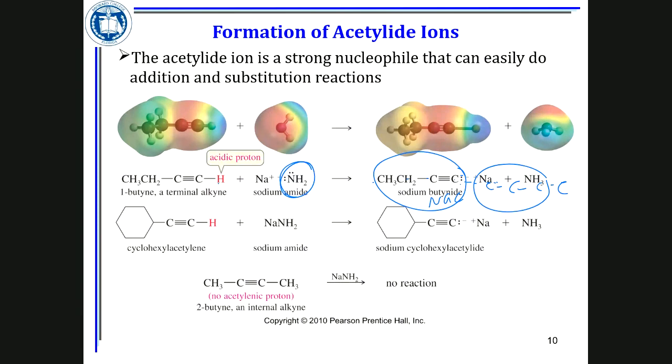Just remember, the strong base is going to remove hydrogen that is attached to an sp carbon only. If your alkyne is an internal alkyne, that means there is no hydrogen attached to the C-C triple bond, it is not going to react with the amide because there is no acidic hydrogen to be removed.